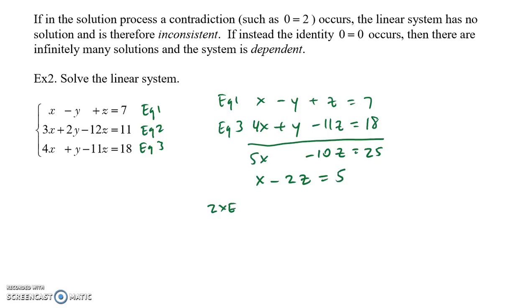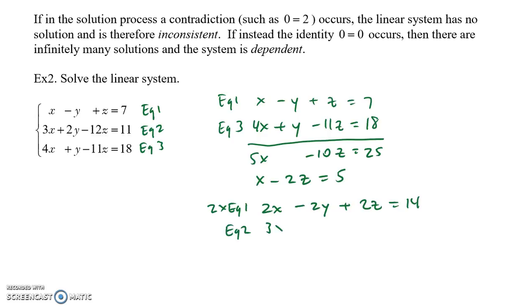2 times equation 1 would be 2x minus 2y plus 2z equals 14. And then we'll just recopy equation 2.